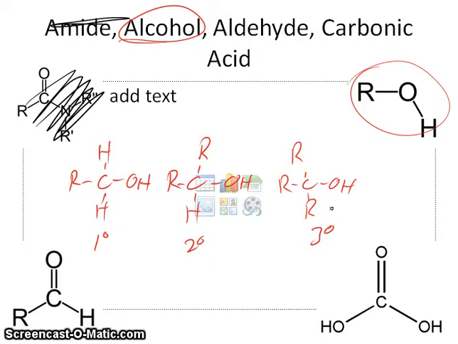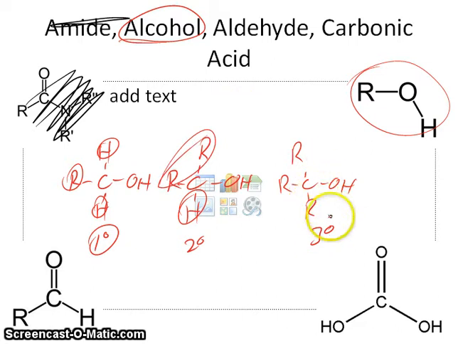Now, what you'll notice is at 1 degree, it's attached to a carbon which has 2 hydrogen and then 1 other random anything. Could just be another carbon, could be another hydrogen, could be anything. And that's 1 degree. But here we have a carbon still, and now there's only 1 hydrogen and 2 other random anything else.